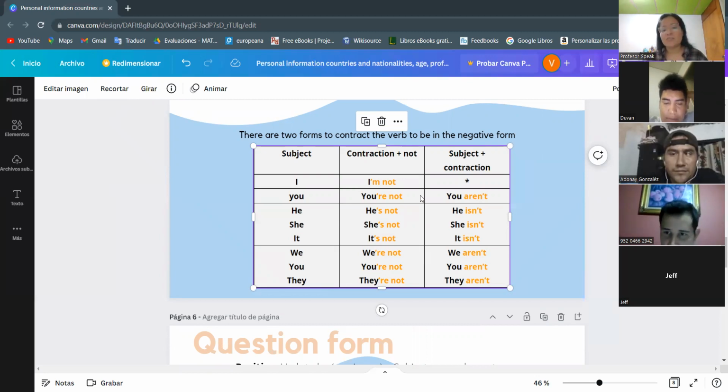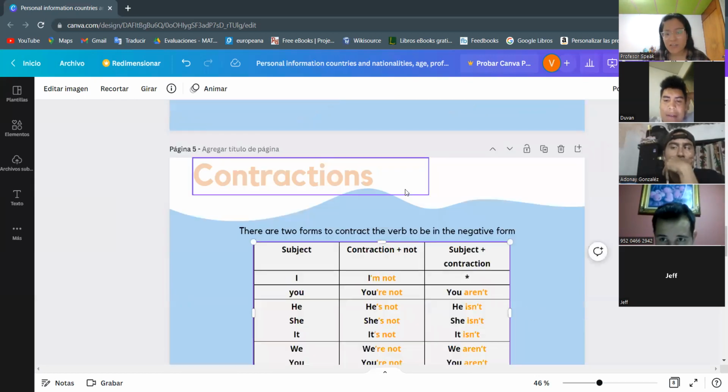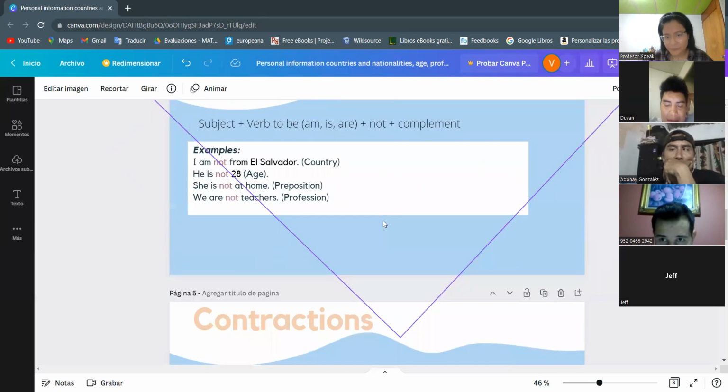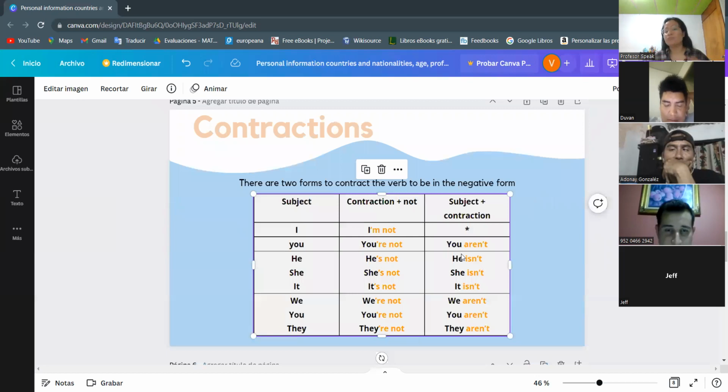Okay. So the next one, subject plus contraction. You are supposed to connect the verb to be and the word not. So you say, you are not.